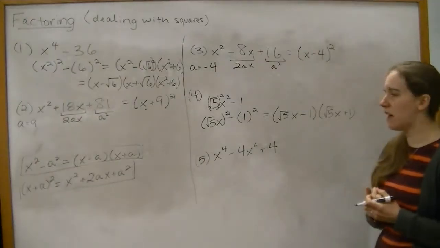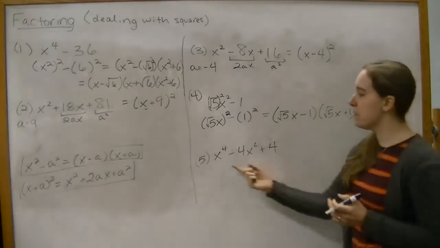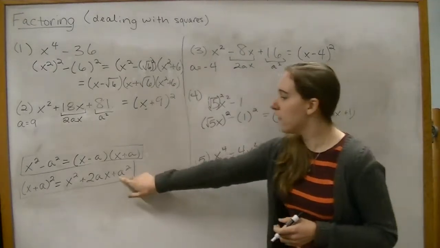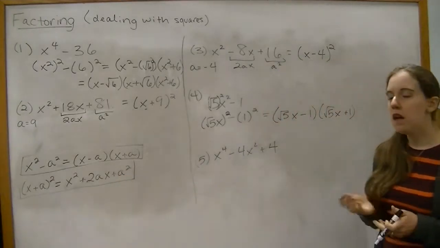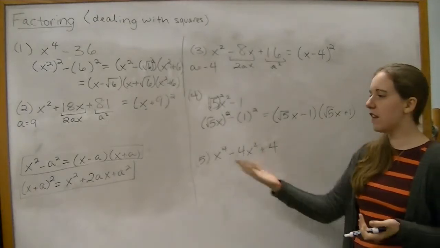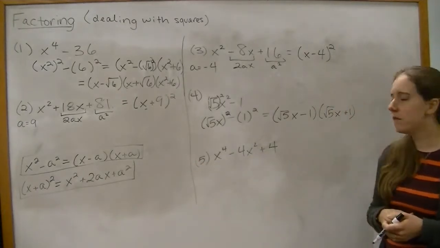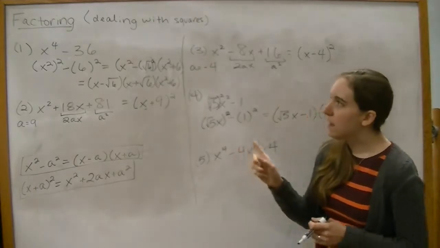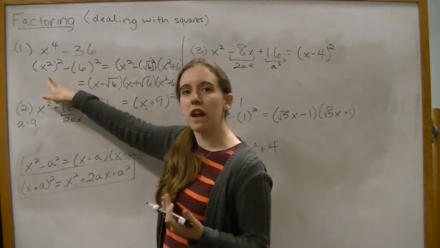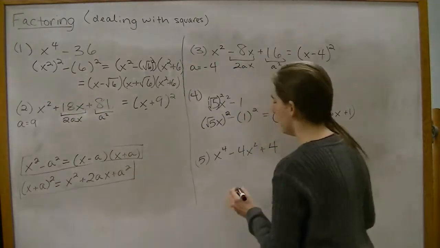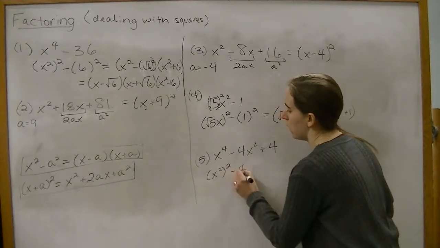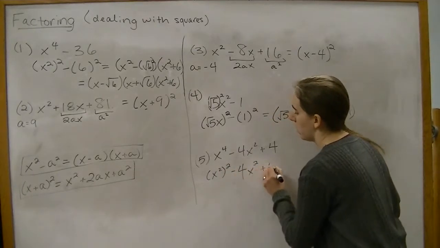Now let's look at this last one. It looks to me, especially because it has 3 terms, and the numbers look like they might fit, like it could be close to this form, except that I have x to the 4th and x squared instead of x squared and x. Well, let's think back to what we did when we saw an x to the 4th here. We rewrote it as x squared squared. So I can rewrite this as x squared squared minus 4 times x squared plus 4.